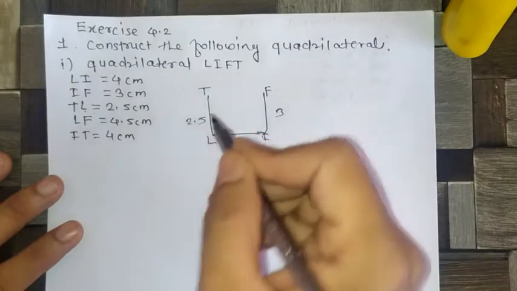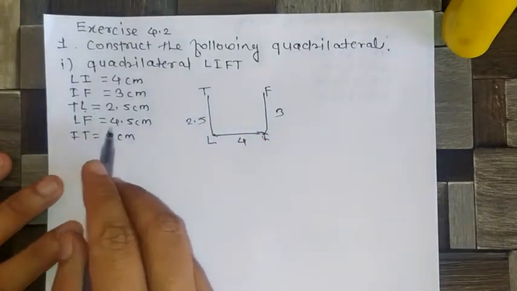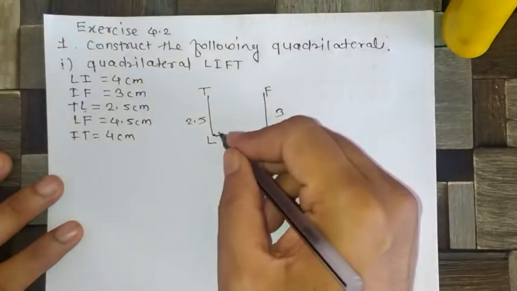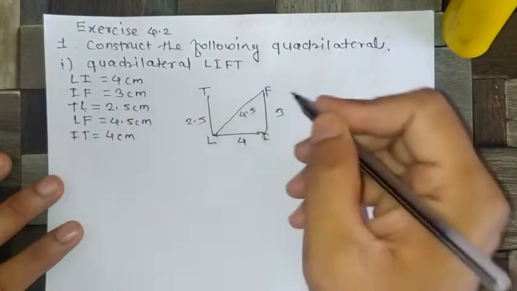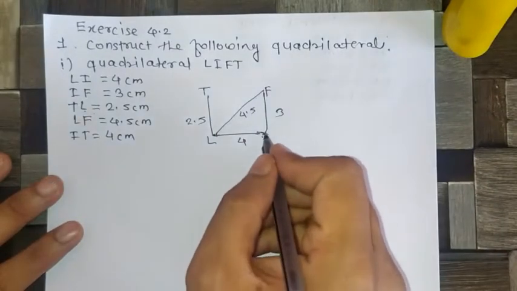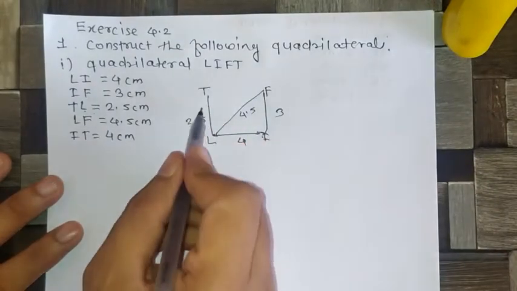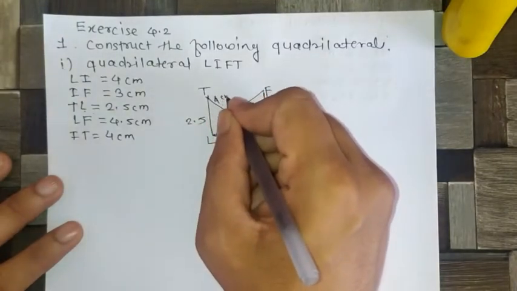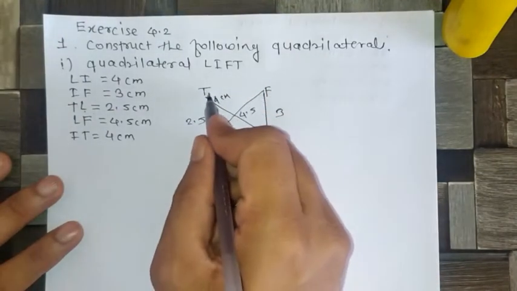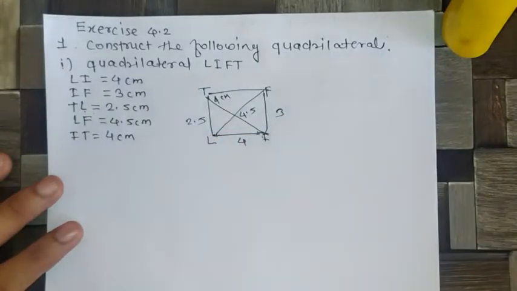This is our rough sketch, rough diagram. LF is given. LF is nothing but the diagonal, which is 4.5 centimeter, and IT is given 4 centimeter. This is my IT side which is 4 centimeter, and at the last you have to join these 2 points. So now we start.